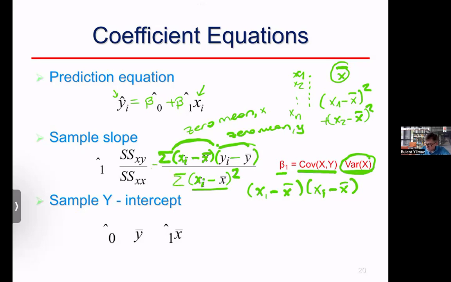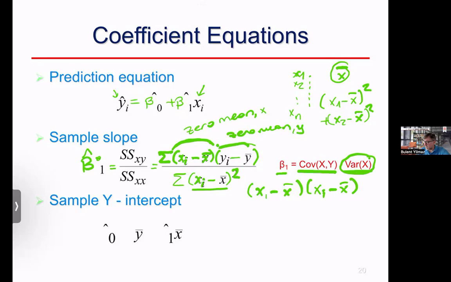So my beta 1 hat will be equal to covariance divided by the variance. This is something that can be derived, but I won't go into the derivations. I just want you to understand covariance divided by variance.